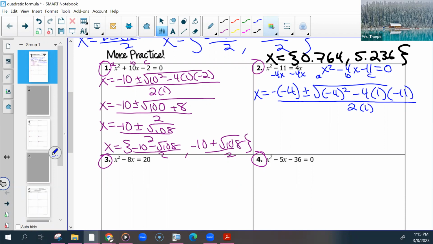And then start to simplify. So this would be +4 plus or minus the square root of -4 squared would give us what? Positive 16. -4 times 1 times -11 would be a +44.